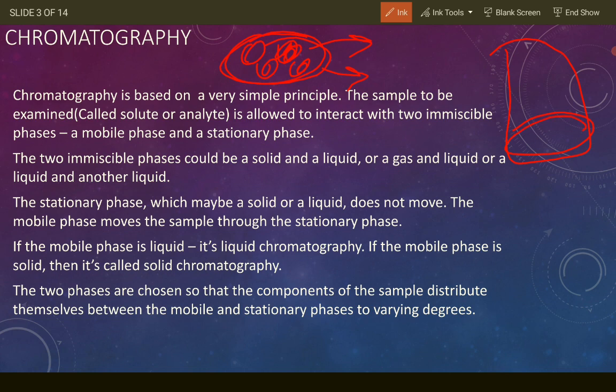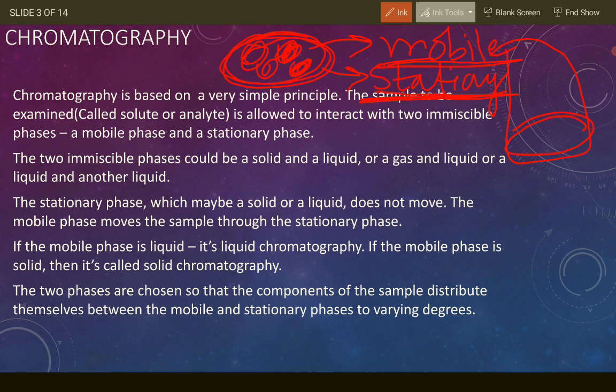Some of these molecules in the mixture will be more soluble in the mobile phase, which will move, and some of these molecules may be more soluble in the stationary phase, right?